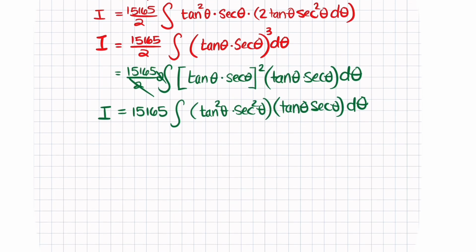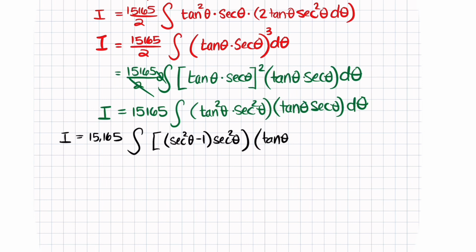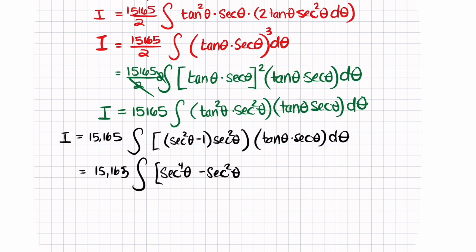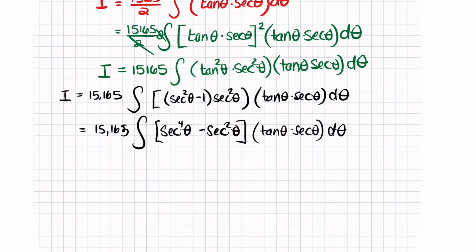And the reason that we're doing this is because now we can make another substitution here. So one of the things that we're going to do first is make a tan squared substitution with the secant squared minus 1. And then we'll distribute that secant squared into that binomial, and we'll get secant to the 4th minus secant squared, and then we'll have the tan secant d theta on the end.